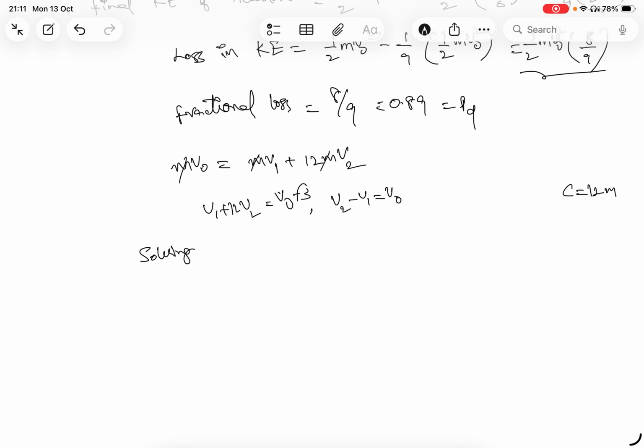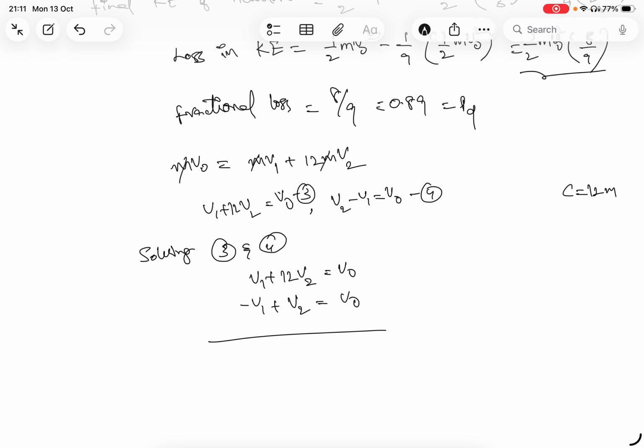Solving equation 3 and equation 4: v1 plus 12v2 equals v0, and minus v1 plus v2 equals v0. Here v1 gets cancelled and this will be 13v2 equals 2v0. Then v2 equals 2v0 by 13.